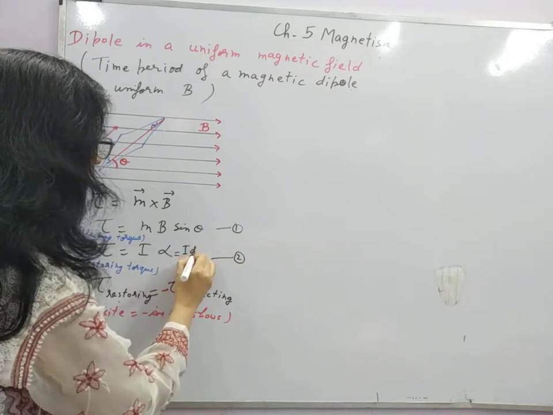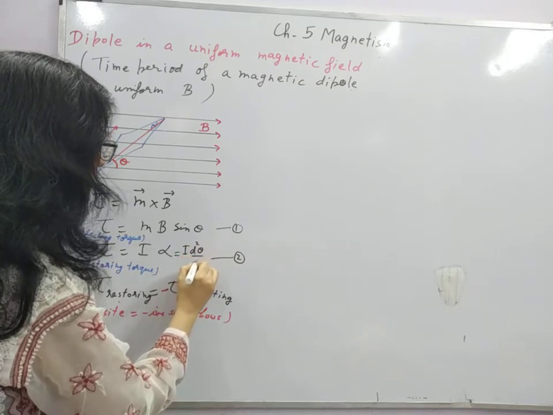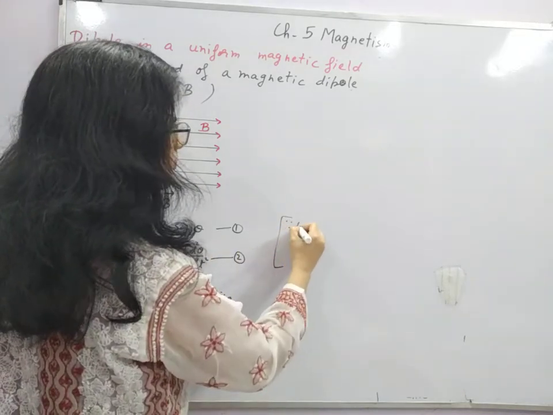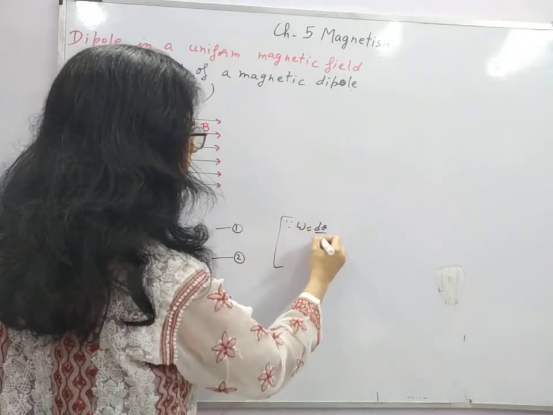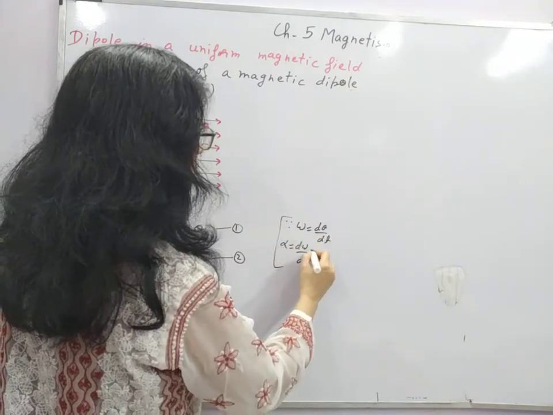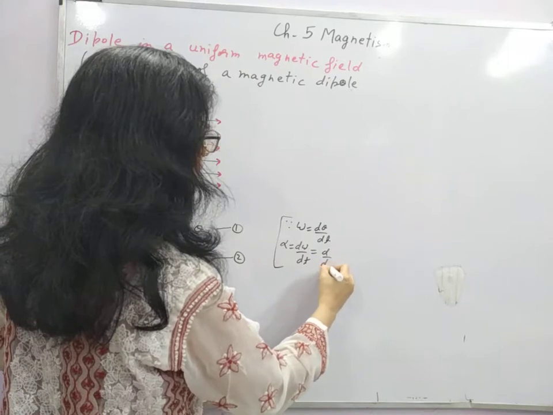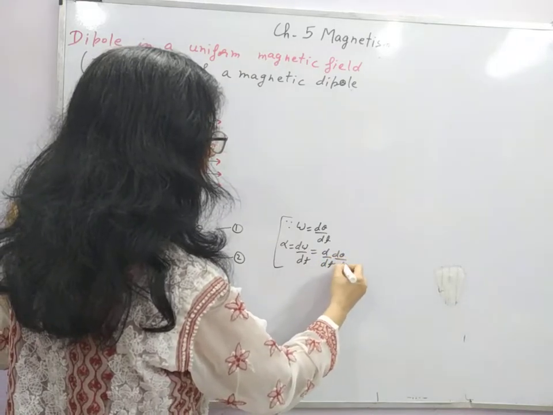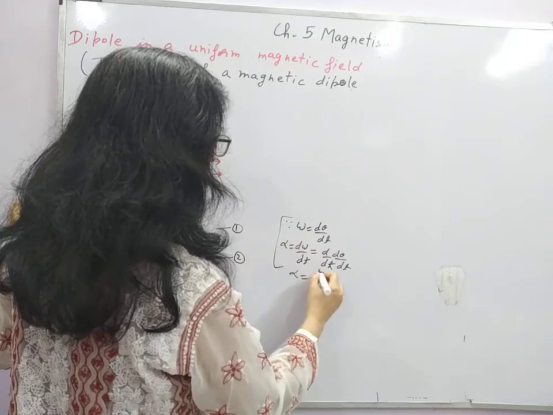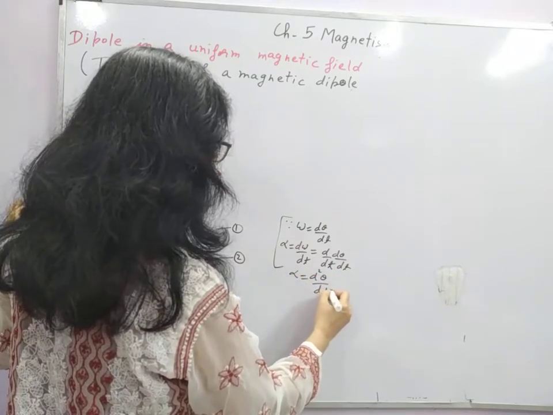Alpha can be written as d square theta upon dt square. If you remember, let's recall, since omega is d theta by dt and alpha is d omega by dt, this can be written as d by dt of d theta by dt, right? And this can be written as d square theta upon dt square.